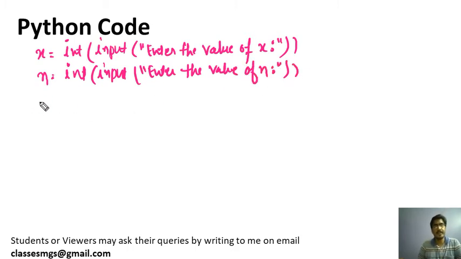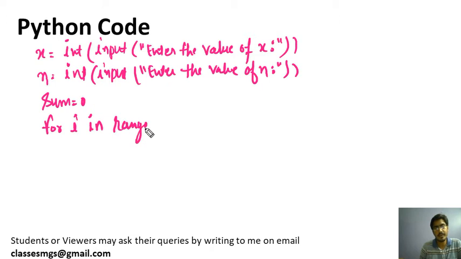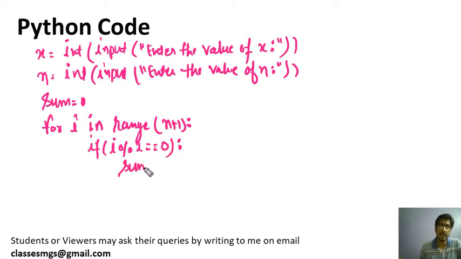Here you will write the logic: sum equals 0, then you will use the for loop, for i in range(n plus 1). If i % 2 equals 0, then we are going to add x double star i.